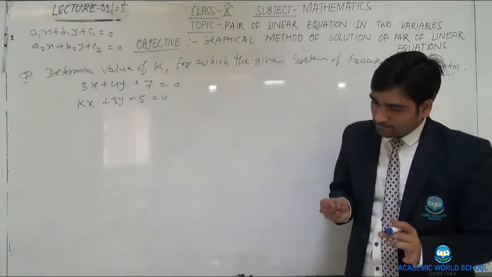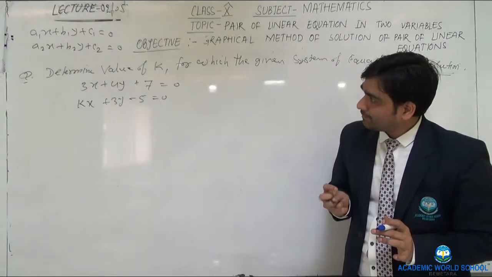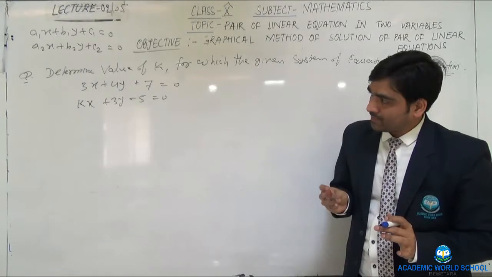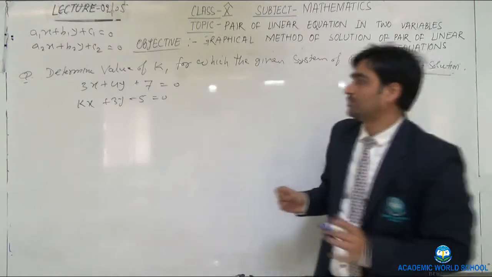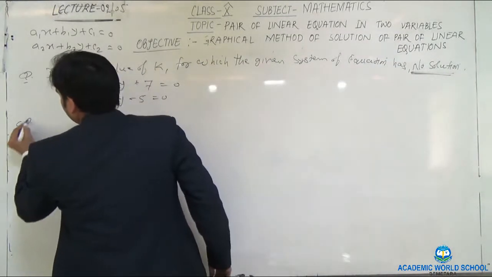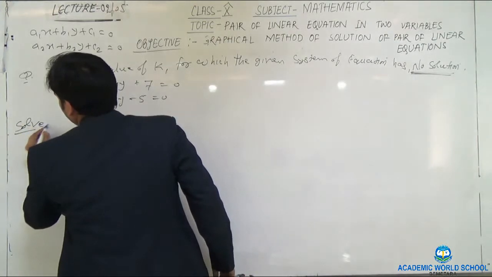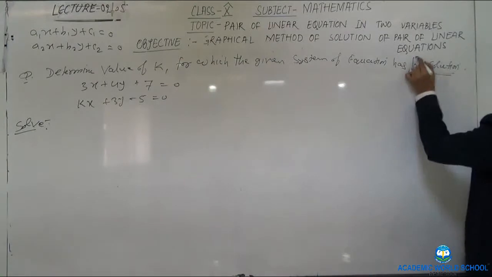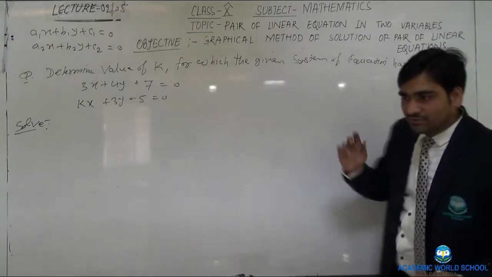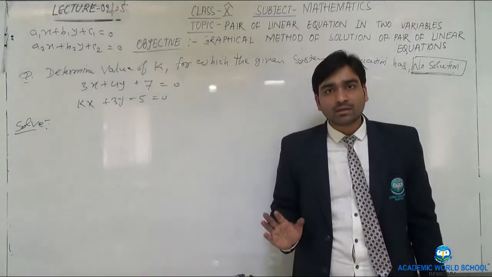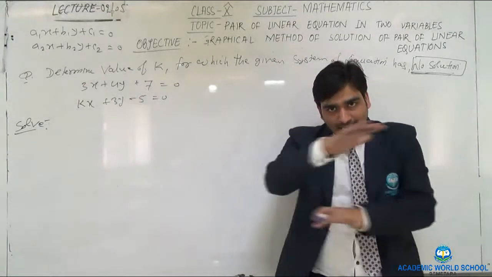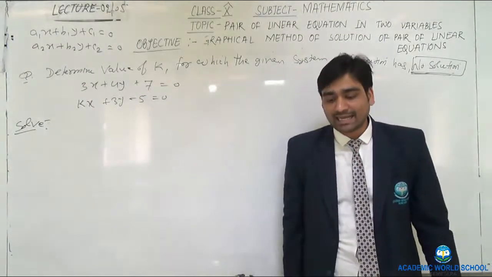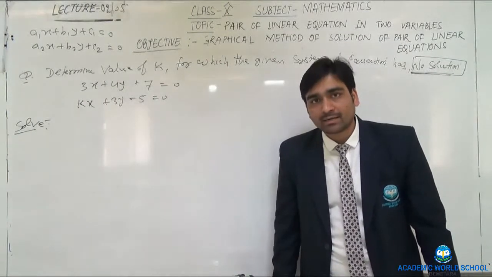That is, 3x plus 4y minus 7 is equal to 0 and kx plus 3y minus 5 is equal to 0. Now start solving. How will we solve? First you know the condition for no solution. What condition have we seen for no solution? No solution means lines are parallel.